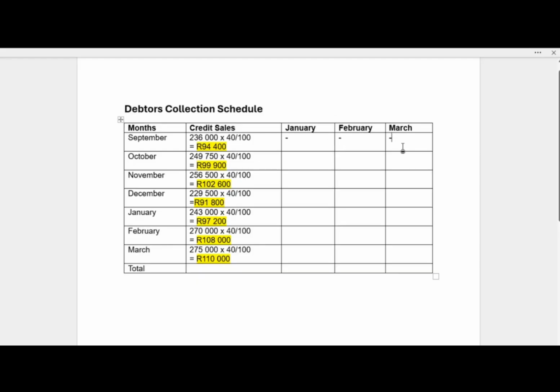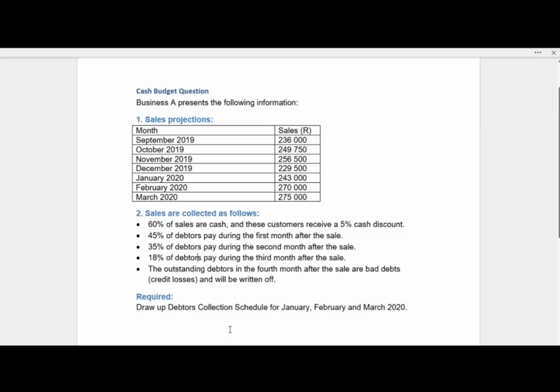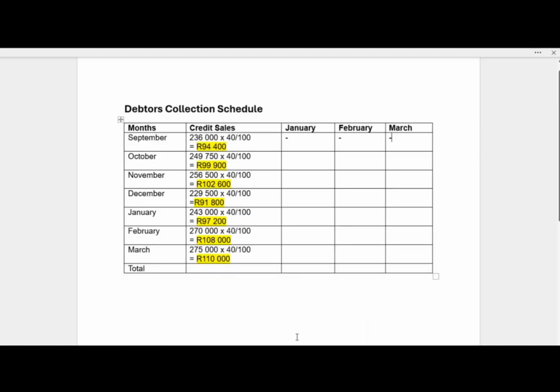All right, and then let's go to October. In October, remember the credit policy. We always have to focus and remember the credit policy. So the credit policy is, if you bought in October, you're going to pay 45% during the first month after the sale. So the first month after the sale of October is November, so you're going to pay 45% in November.